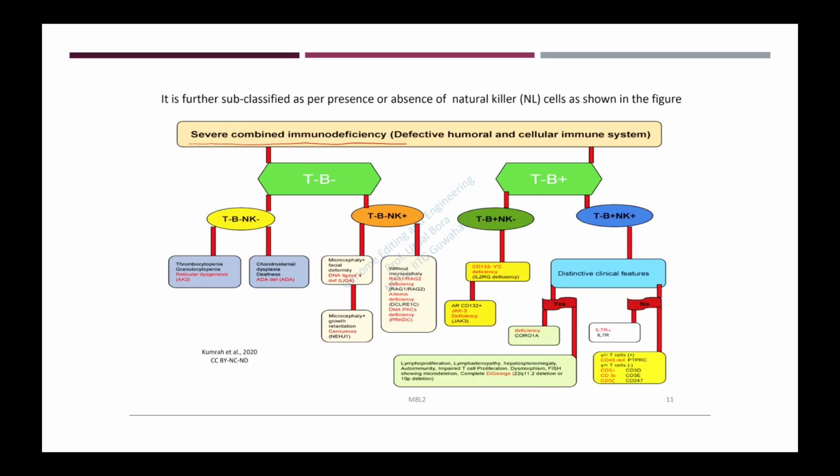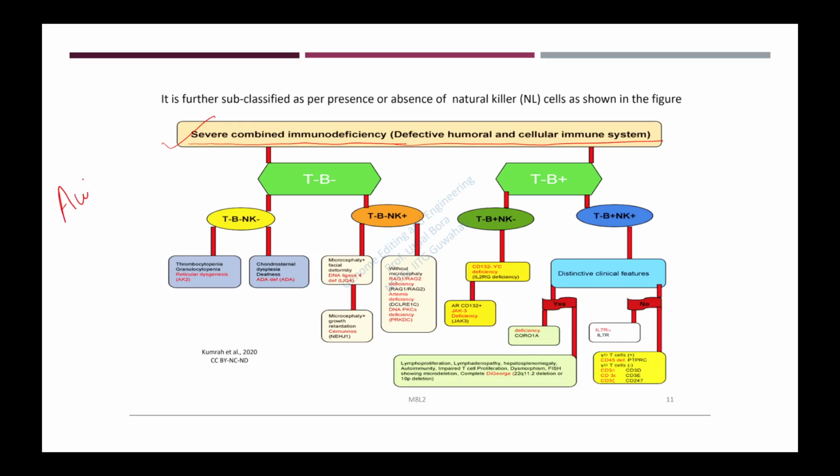So, yeah, these diseases, severe combined immunodeficiency diseases, have several mutations. Different kinds of mutations gathered, and that altogether cause a severely compromised immune system, which is a defective humoral and cellular immune system in the organism.